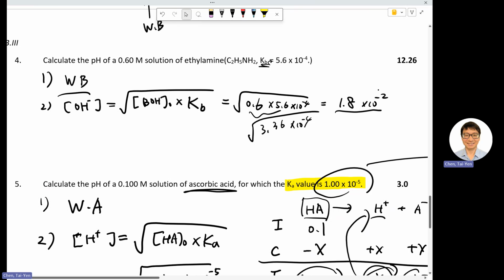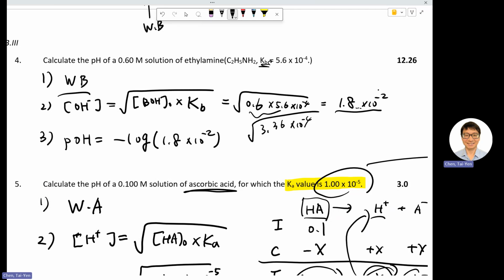All right, practice this, make sure you know how to push the buttons on your calculator. So pOH is going to equal the negative log of 1.8 times 10 to the negative 2. Should be 1.8 something. So what's the value of this? If you take the negative log of that, it's 1.74.